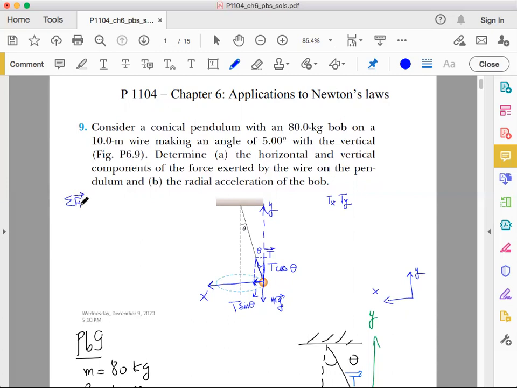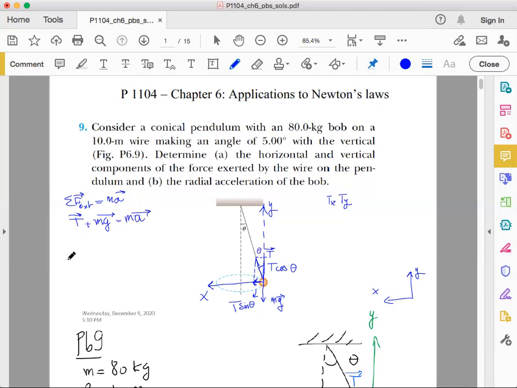The sum of external forces, or F net, is equal to the mass of the bulb multiplied by its acceleration. Now, the bulb is moving on a horizontal circle. So it's moving in this horizontal plane. It's not moving upward or downward. We are sure about it. So let's write T plus mg equals ma.